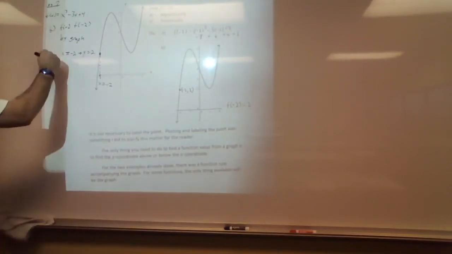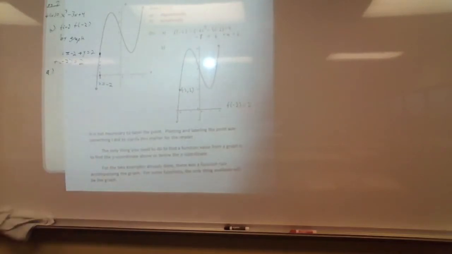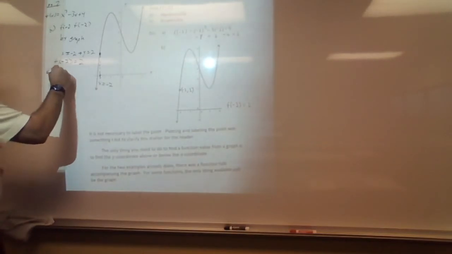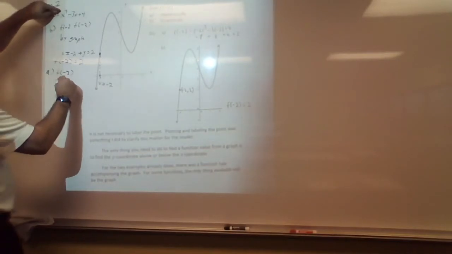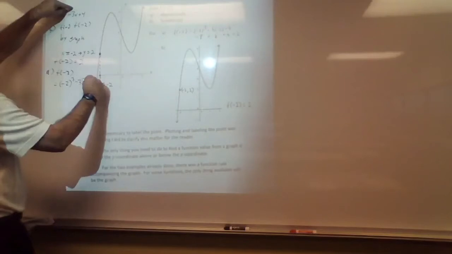So f of -2 is 2. I'll follow these up with more examples. A, we'll confirm it. F of -2 is -2 cubed minus 3 times -2 plus 4.